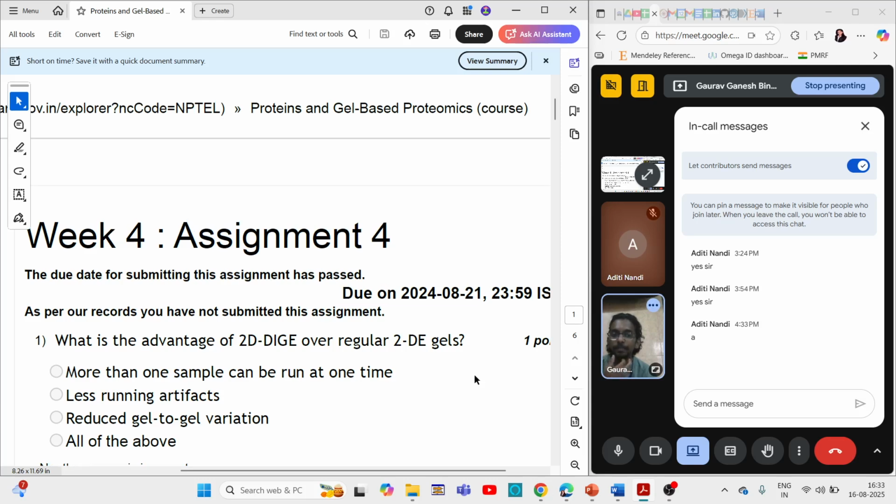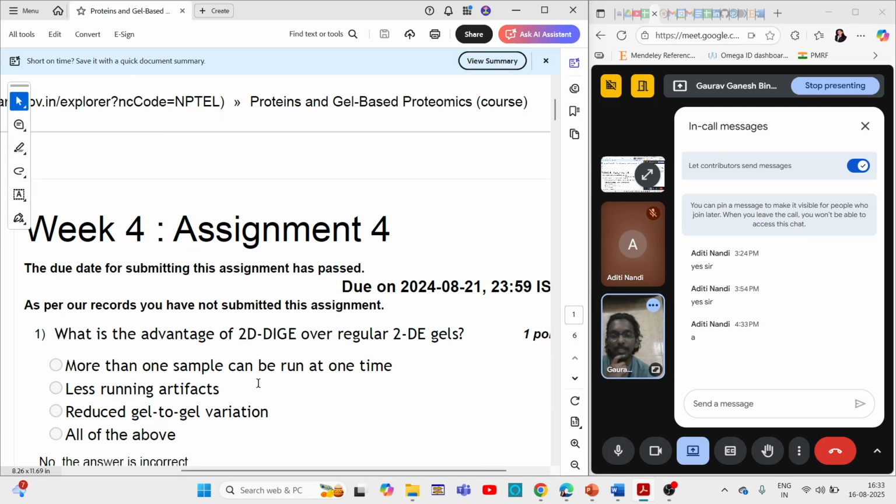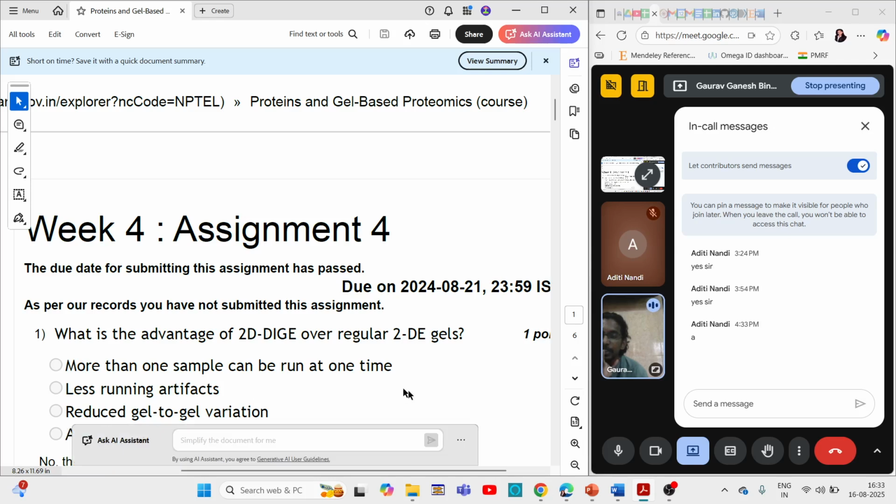Answer is A. Yeah, it can run more than one sample. That is true. Don't you think it has less running artifacts? Don't you think it has reduced gel to gel variation? Because option D says all of the above.